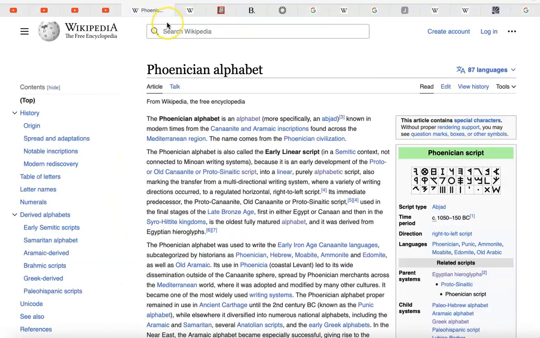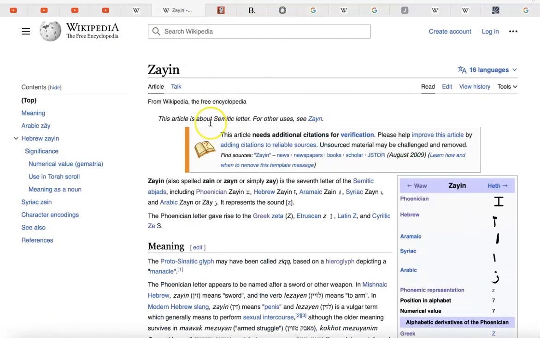So I used the Phoenician alphabet to get to my conclusion that Zayin, and here it is, the tiny little version of it here in Hebrew, looks an awful lot like an axe. It means weapon.